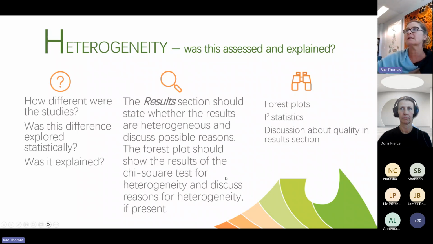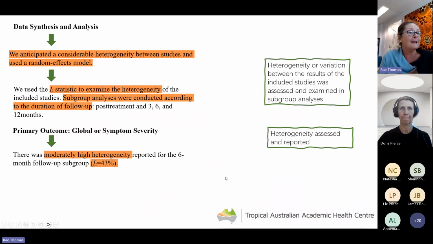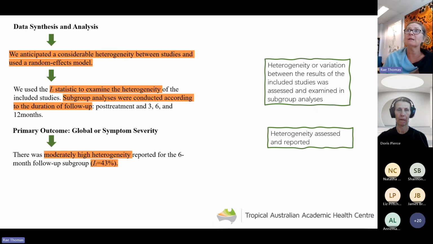All right, so what do these guys do? Right, again, they flagged it in the methods section. The top bit said we anticipated considerable heterogeneity between studies, and so therefore they used a meta-analytic approach called a random effects model. I don't expect you to understand that. That's fine. But they did, right? They then also told me that they did use that thing called the I-squared statistic to examine heterogeneity, and they also conducted subgroup analysis according to the duration of follow-up.